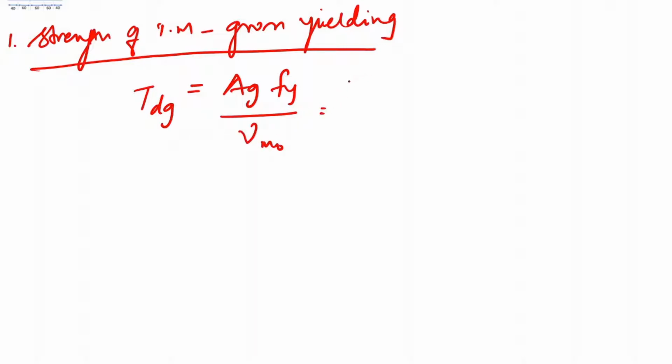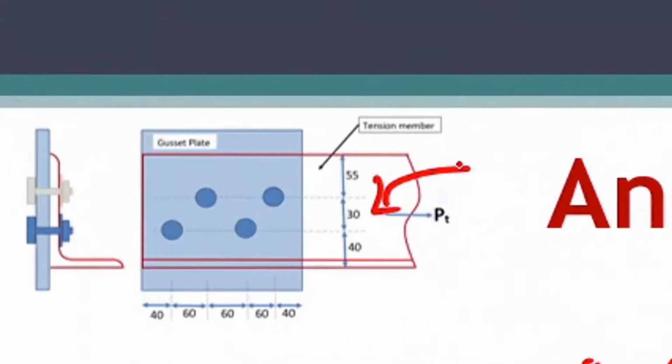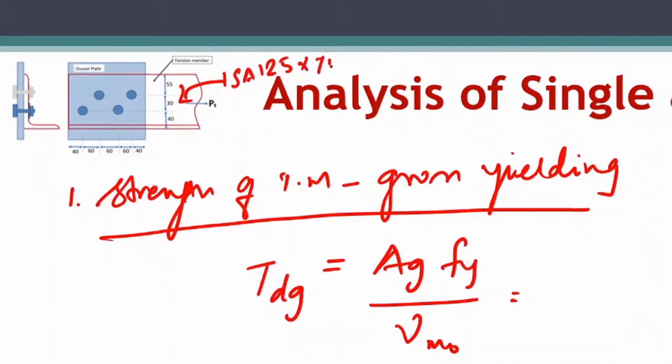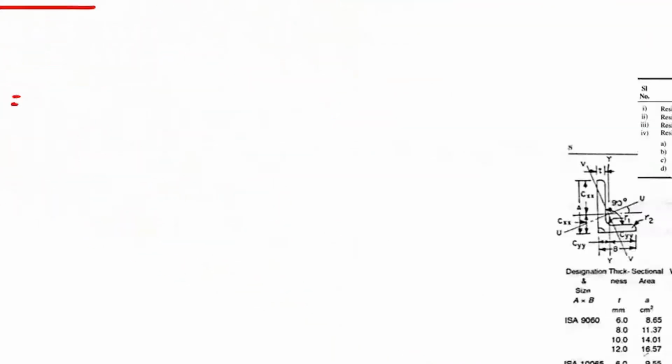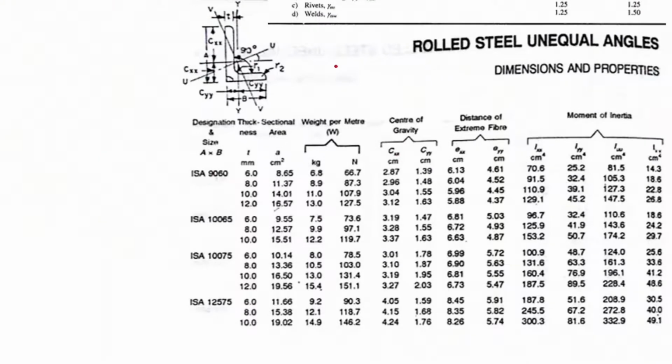So what is the gross area? Now we know that the angle used as the tension member is ISA 125 by 75 by 10 mm, the Indian Standard Angle. If you go back to the steel table, or even IS 808, the details have been given, and here is the steel table of unequal angles.